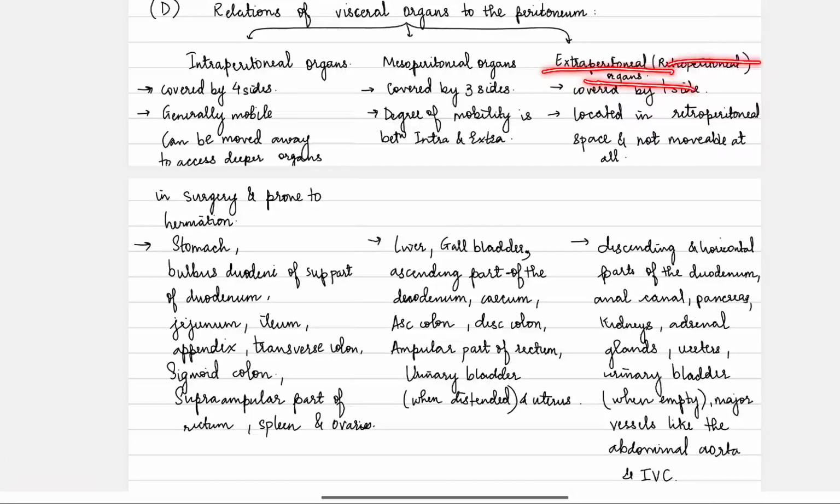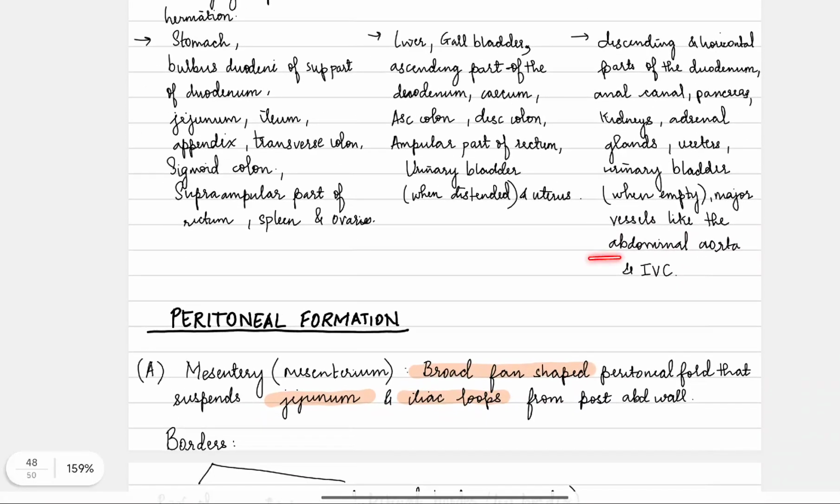Extraperitoneal or retroperitoneal organs are covered on one side, located in the retroperitoneal space and not movable at all. These are the descending and horizontal parts of the duodenum, anal canal, pancreas, kidney, adrenal gland, ureters, urinary bladder when empty, and major vessels like the abdominal aorta and inferior vena cava.